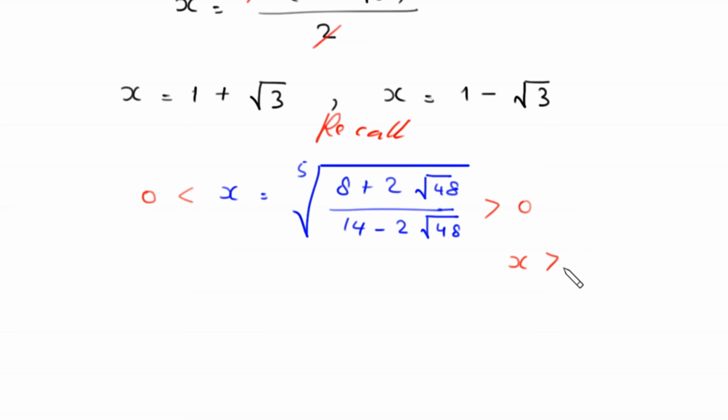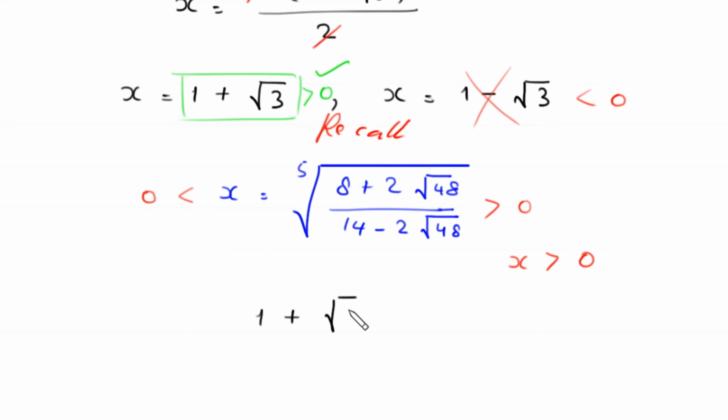This value of x, 1 minus root 3, is less than 0, so this will be rejected, and because this value 1 plus root 3 is greater than 0, this will be accepted. So the simplest form of this expression is 1 plus root 3. This is the final answer of this problem.